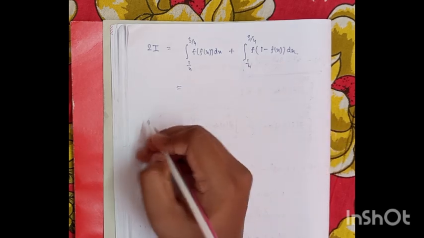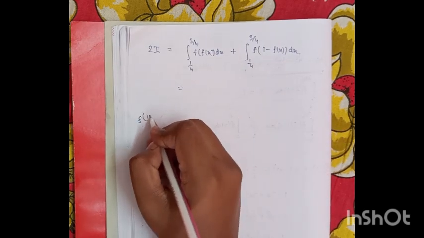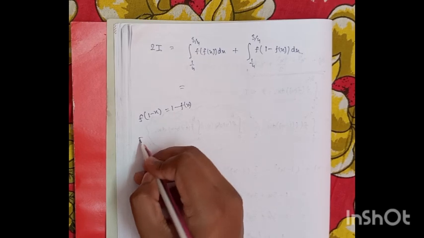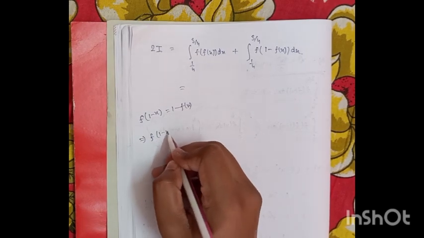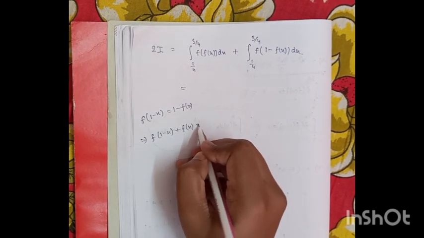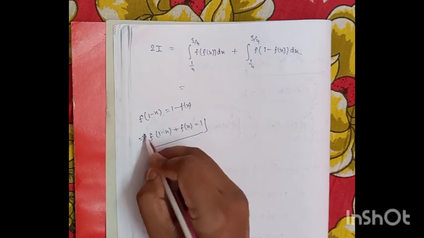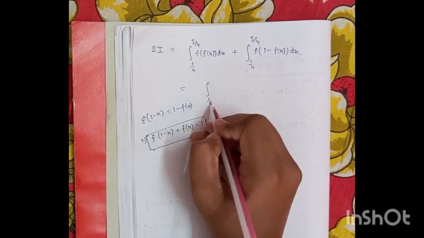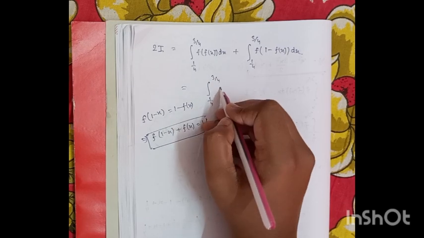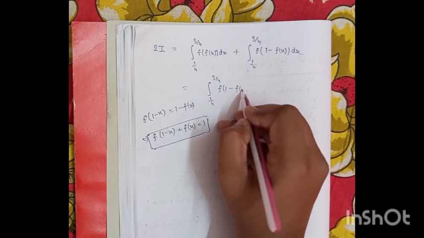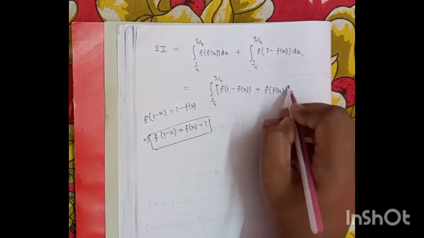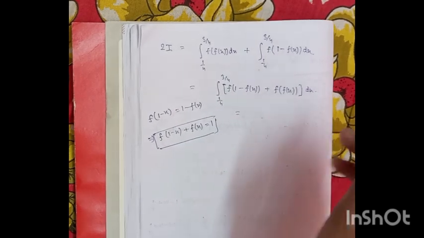Now we previously derived f of 1 minus x equal to 1 minus f(x). So we can say f of 1 minus x plus f of x is 1. So we can add these two integrals because the limits are same. f of (1 minus f of x) plus f of (f of x) times dx.